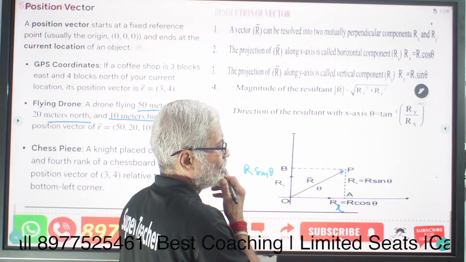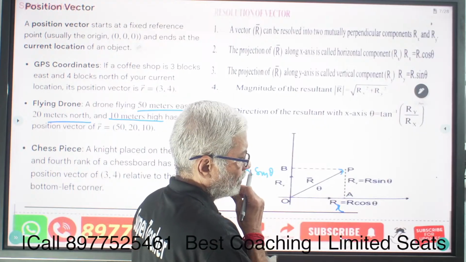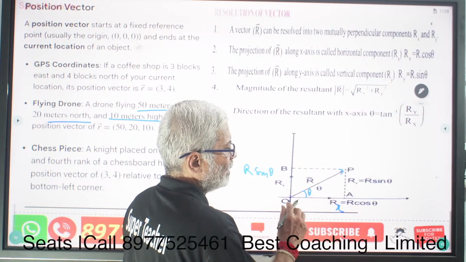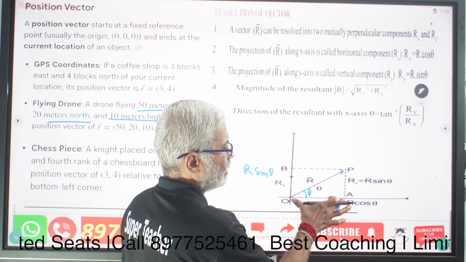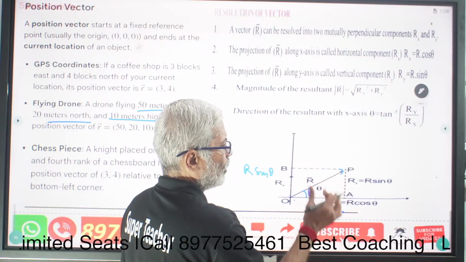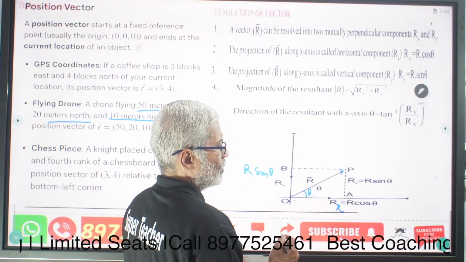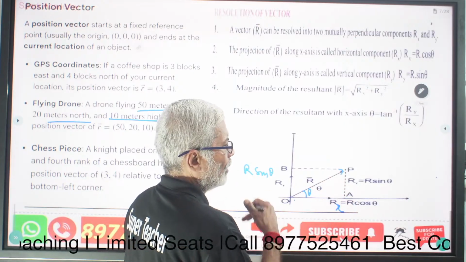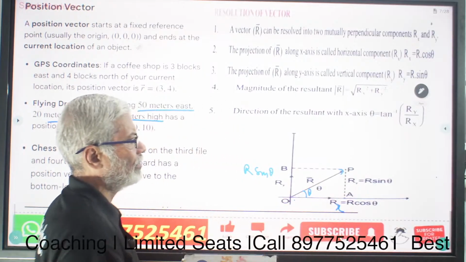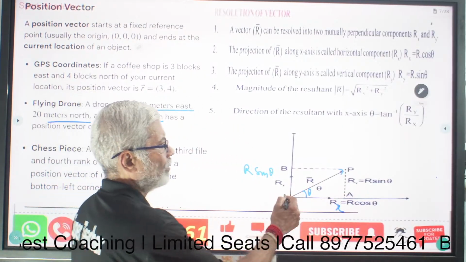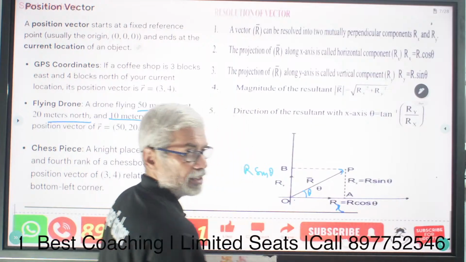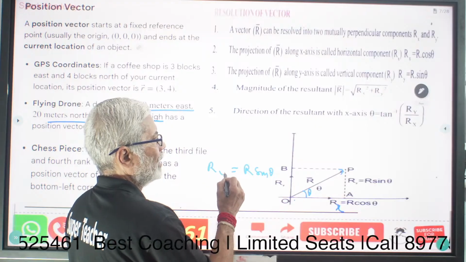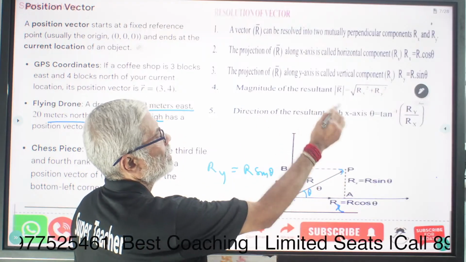Suppose they ask you the angle between this and this, suppose theta is the angle, then the horizontal component by the hypotenuse is cos theta. So cos theta is equal to this divided by r. So the resolution of this vector r is r cos theta in the x direction, r sin theta in the y direction, and the resultant is given by its magnitude.